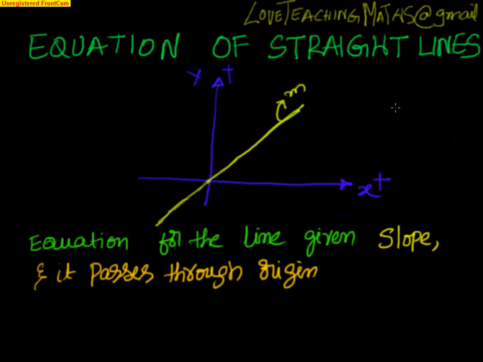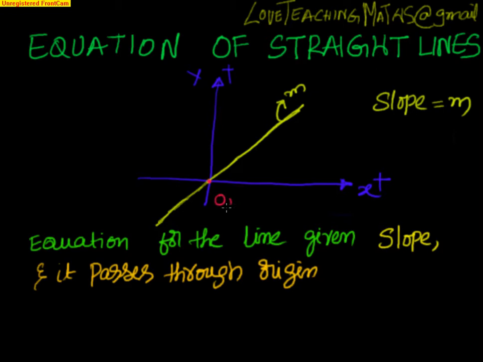So I have been already given that the slope is equal to m, right? Now when it passes through origin, I know, see, always the effort is to find out the points on the line so that I can equate it to the slope, because we know slope is given as m, but that is also equal to delta y by delta x. If I am able to find out 2 points, then I can equate it to m.